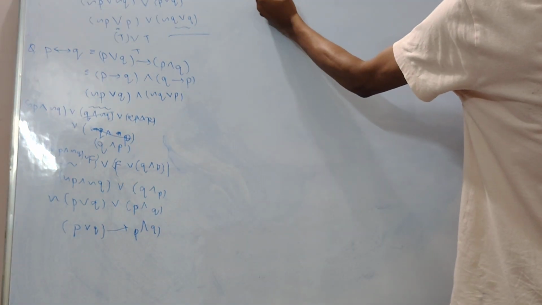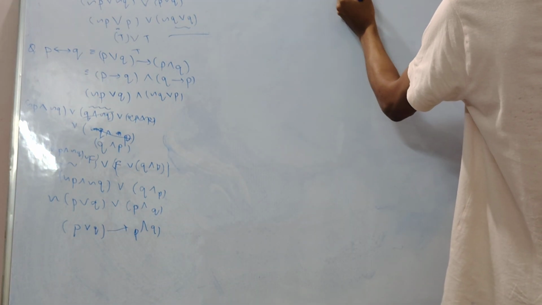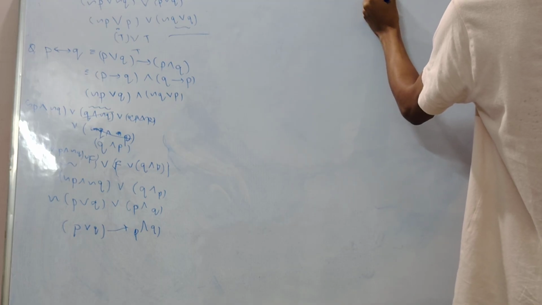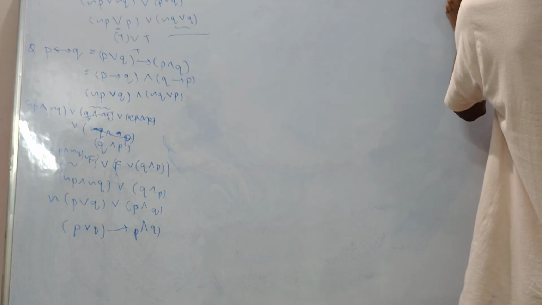Next question is, prove P biconditional with Q is logically equivalent to P and Q, or negation of P and negation of Q, right?